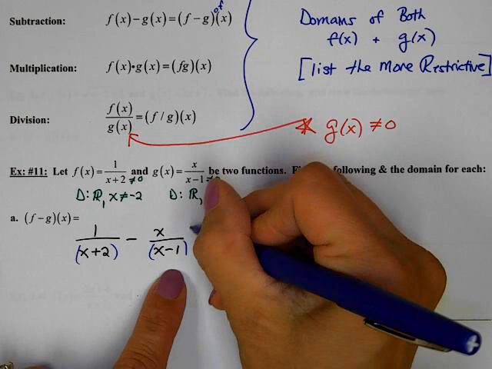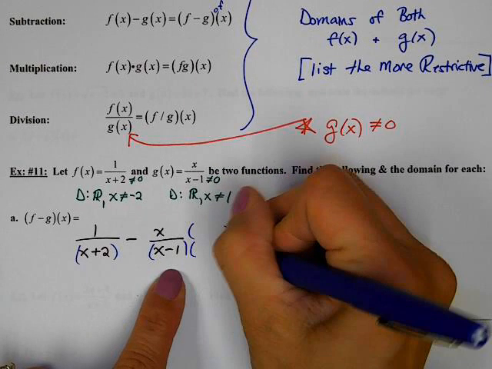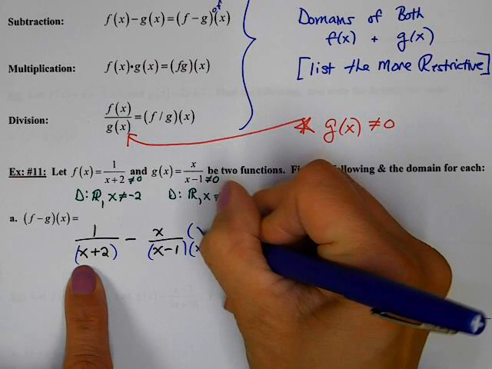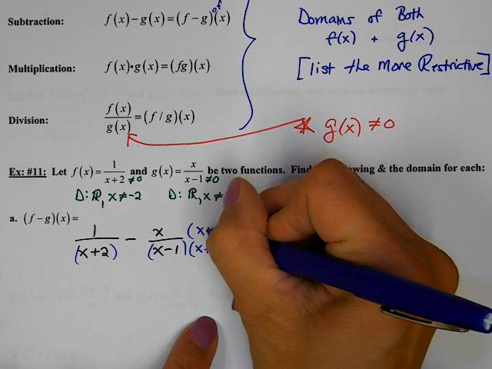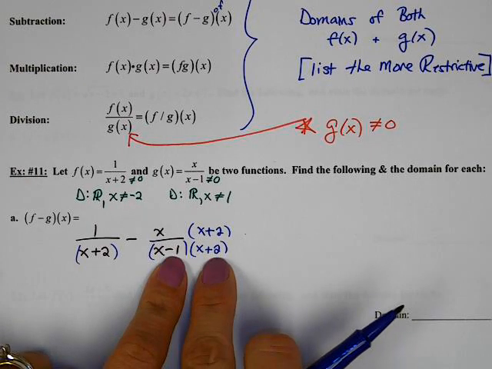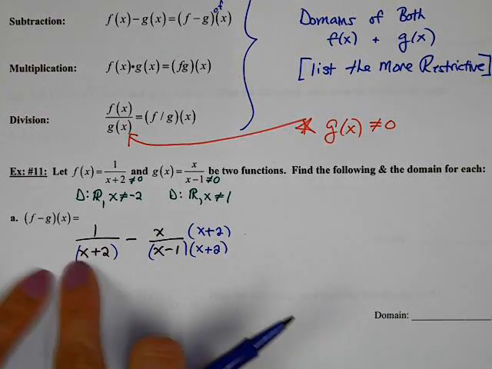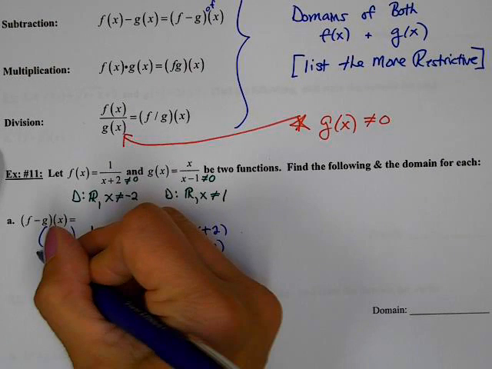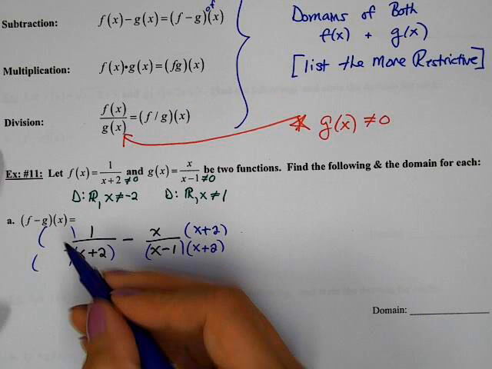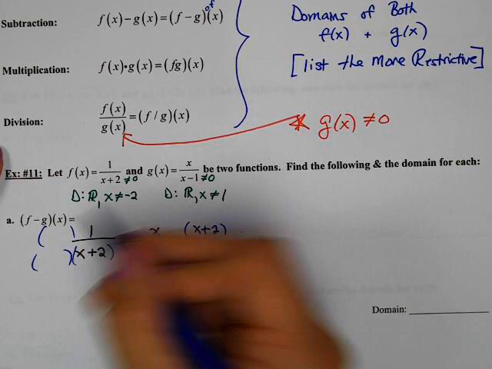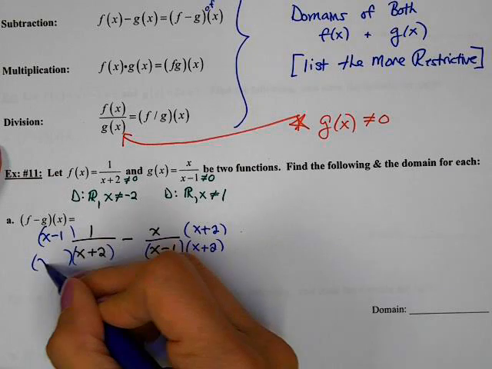So this second fraction is going to need to get multiplied, top and bottom, by the quantity x plus 2. What you do to the top, you do to the bottom. Now this denominator has both of the quantities, and I need to make sure that this denominator looks the same. So what you do to the top, you do to the bottom. I am going to look for that written 2 times. You don't just write it once. You write it in the numerator as well as the denominator.